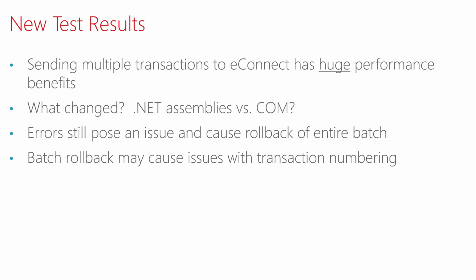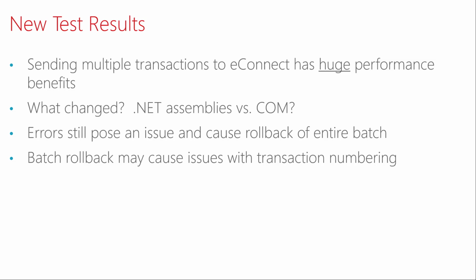Because the assembly of the application data is client-side, and as you saw, that didn't take very long to assemble those hundreds of transactions, and it appears that the submission of each transaction to eConnect, the underlying SQL activity that requires, and then the response back, that process has overhead, and when you multiply that by hundreds of transactions, it's going to have a significant impact on your performance.